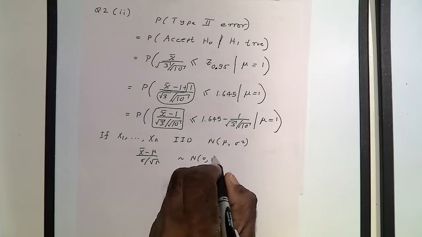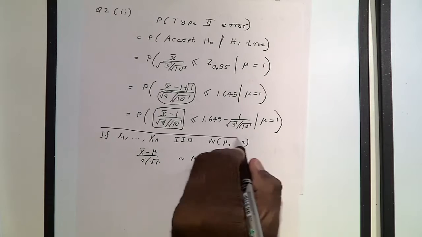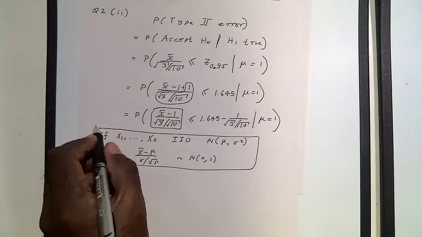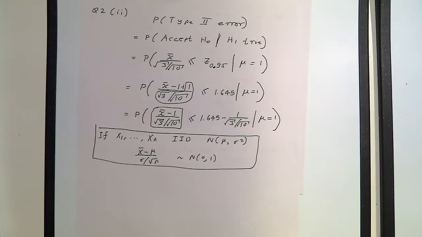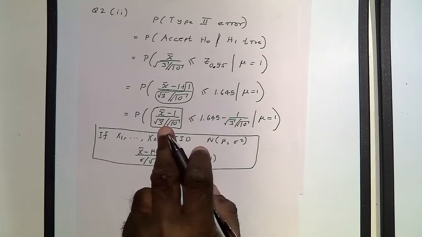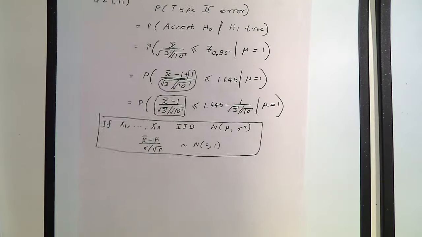This is one of the results I talked about. If you look back on the website for the course under the normal distribution, you will see this is the result I mentioned. So I'm going to use this. Conditional on this, it has a standard normal distribution.